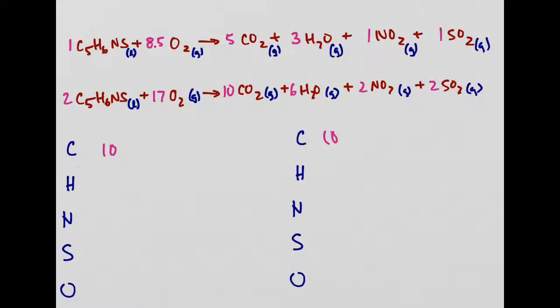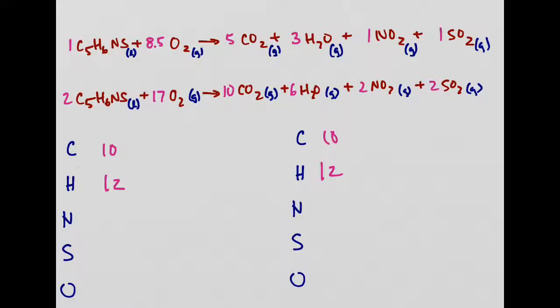Hydrogen. In hydrogen, I have my 2 as my coefficient, and I have my 6 as my subscript. So 2 times 6 is 12 hydrogens over here. And if I look at where I have hydrogen, you got it right here. I have 6 times 2 subscript there. So I have the same thing going on here: 12 hydrogens. And then we look at nitrogen next.